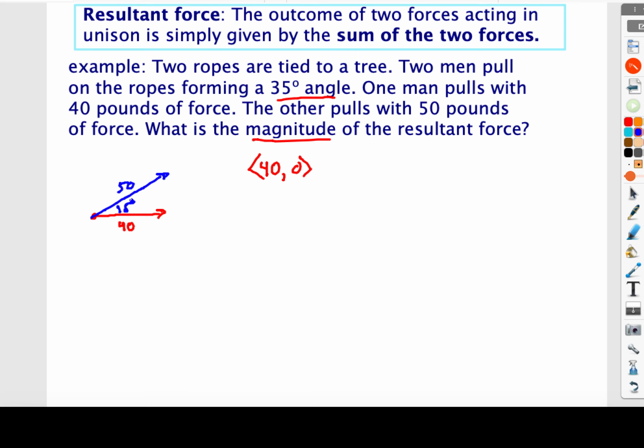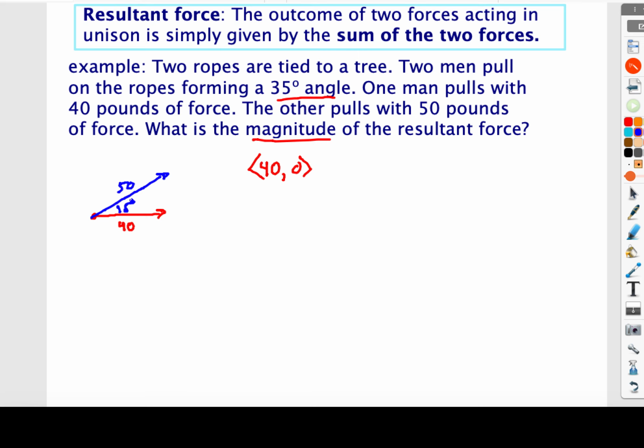I'm actually just going to be careful typing in my calculator here. I'm going to say second, square root of, and I'm going to put that statement that I had, the unrounded statement, my original form here, squared, plus, and let's do the same thing for the vertical component. I'm going to put in that 50 sine 35 squared.